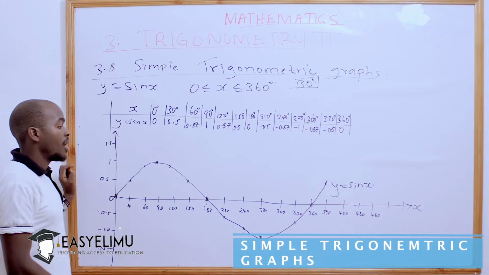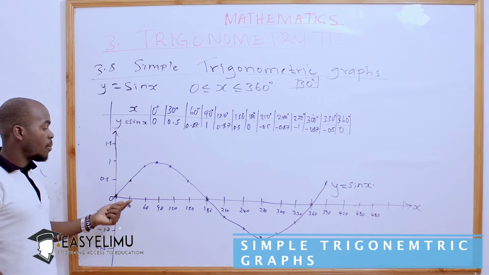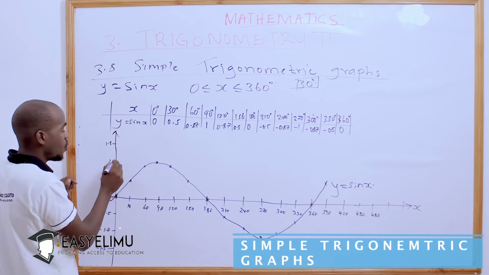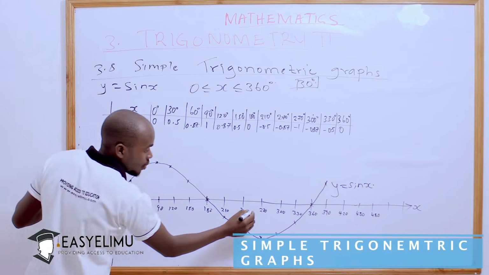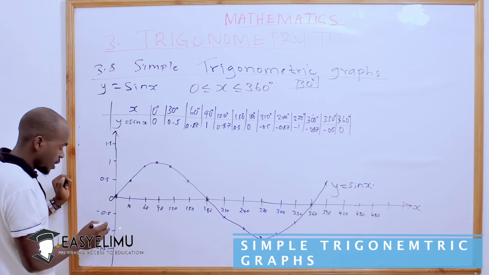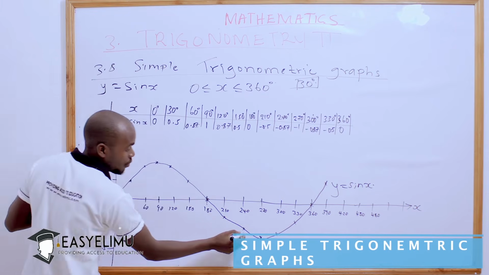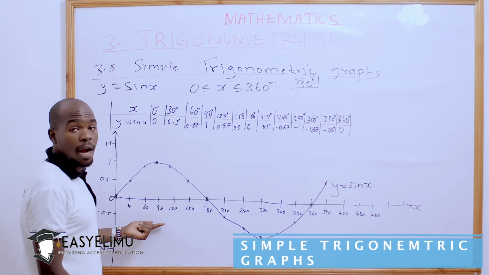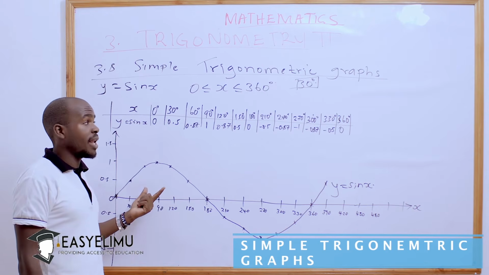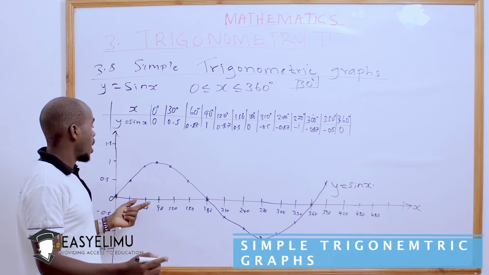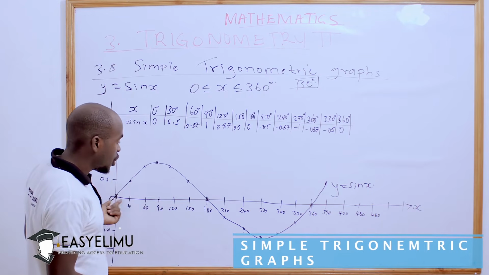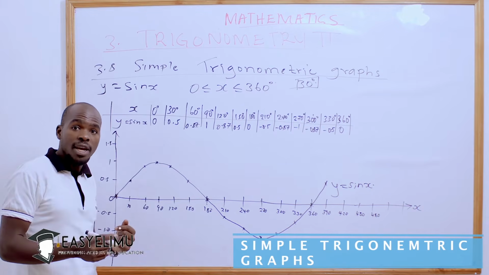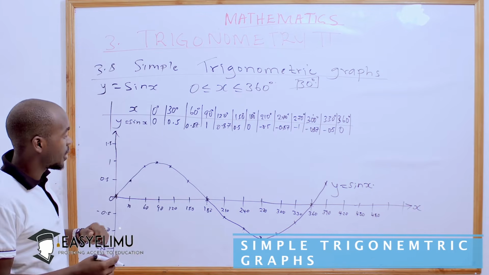So its full amplitude from here to here is 1 unit. The same applies to the downward part, from here to here is 1 unit. So we find that the amplitude of y equals sine x is 1, and also the period of that wave is 360 degrees. That is the period.